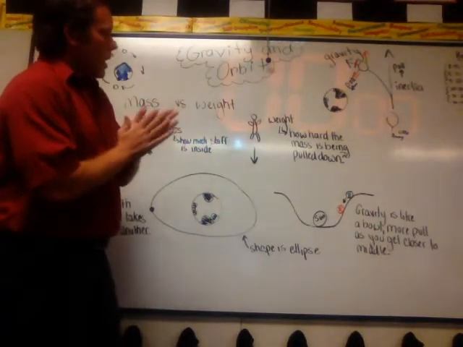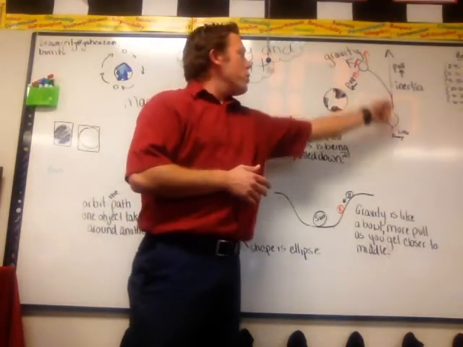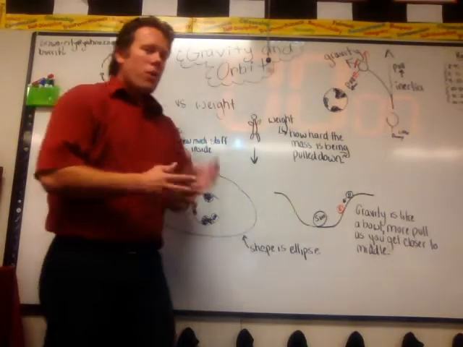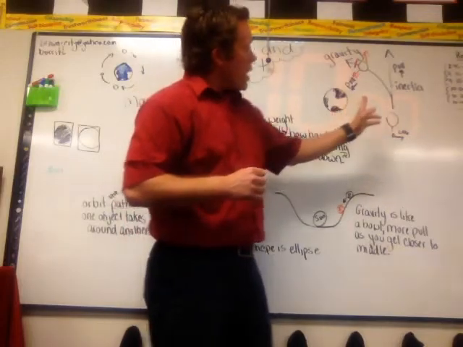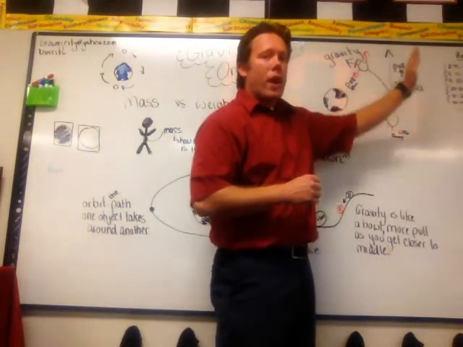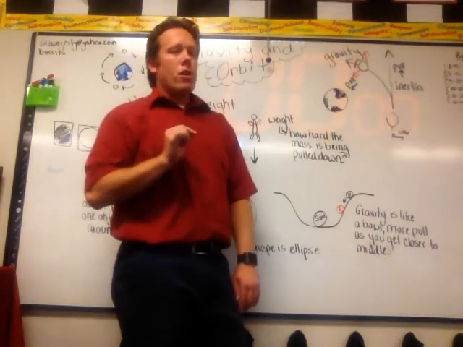Let's talk about gravity versus inertia. Why do planets continue to circle around other planets? There are two forces fighting against one another. Looking at your notes here, you have inertia that wants to keep going straight. Remember, we talked about inertia, and we had to really use our imagination.